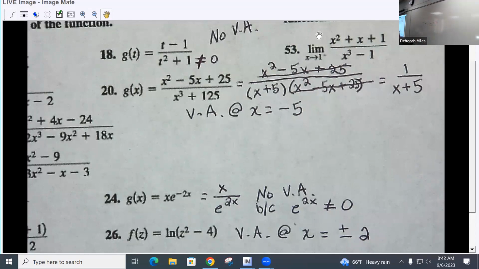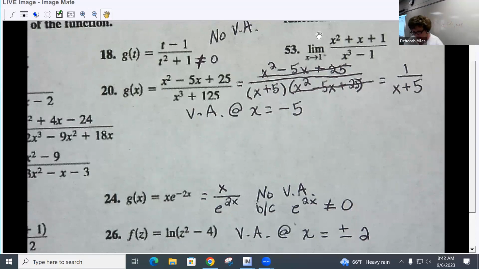Because you can factor an x out of the numerator, cancel your common factor, and say that this is equivalent to just x squared minus 9 for all values other than 0. And since you canceled out that x, it's not a vertical asymptote at 0, it's a hole in the graph at 0.